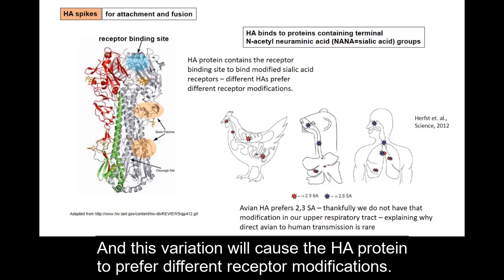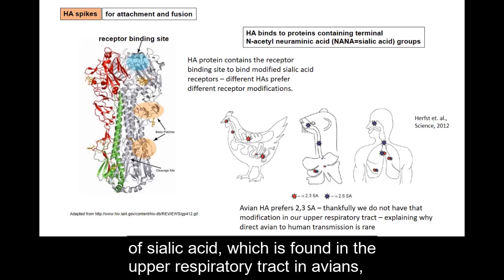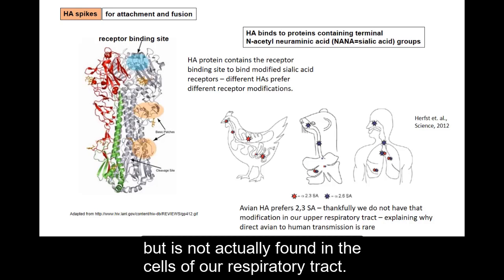And this variation will cause the HA protein to prefer different receptor modifications. And so, for example, the avian HA proteins prefer to bind to the alpha-2,3 modification of sialic acid, which is found in the upper respiratory tract in avians, but is not actually found in the cells of our respiratory tract.